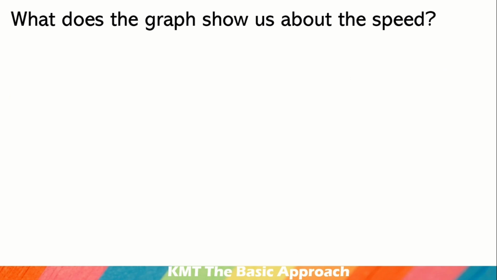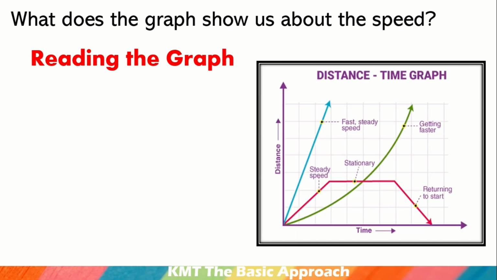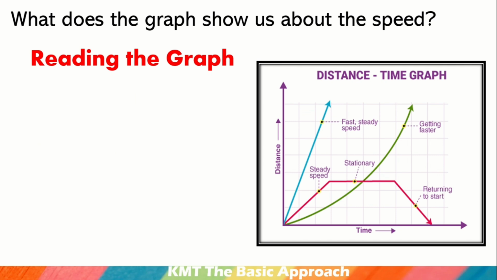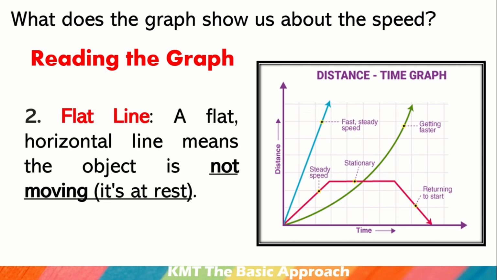What does the graph show us about the speed? Reading the graph. Number 1, straight line. If the line is straight and sloping upwards, it means the object is moving at a constant speed. Number 2, flat line.